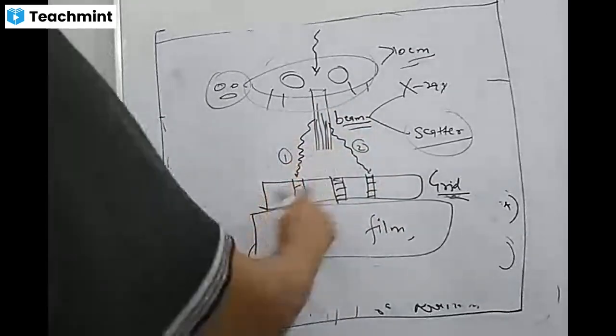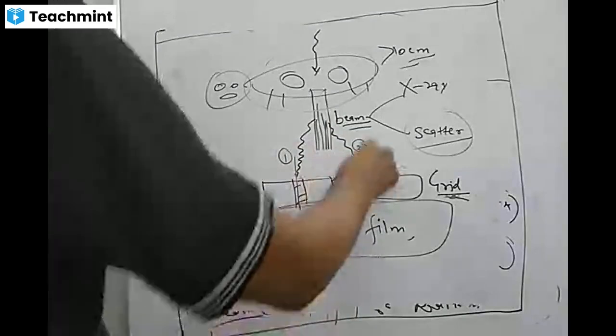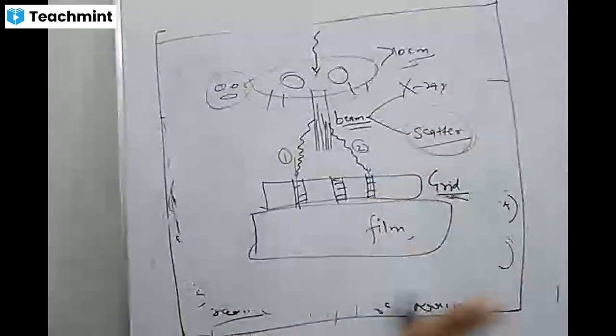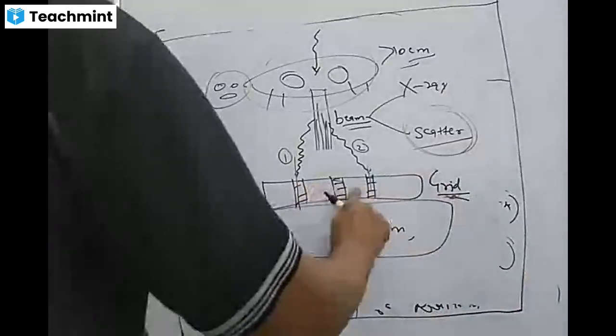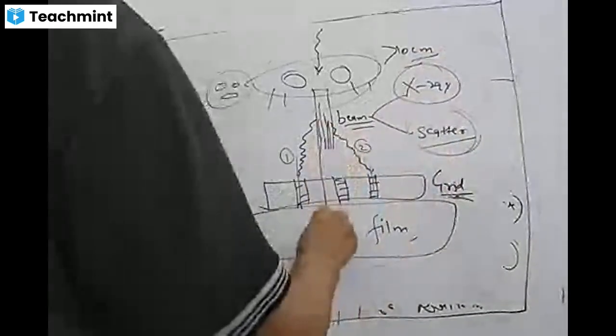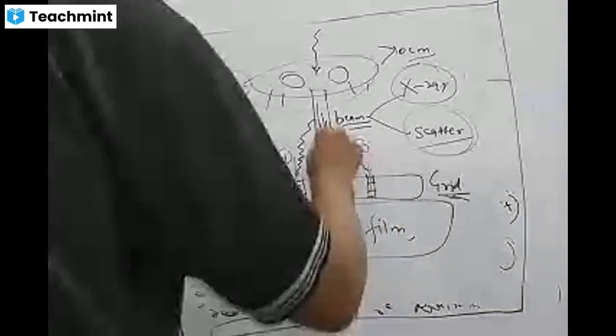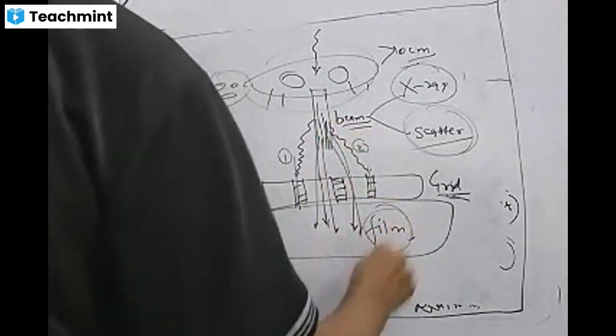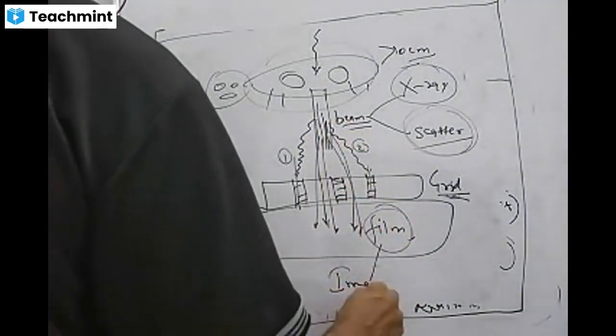The role of these lead strips is to absorb this scatter radiation. And the gap in between these two will allow the X-rays to cross easily and fall on the film and produce a good image.